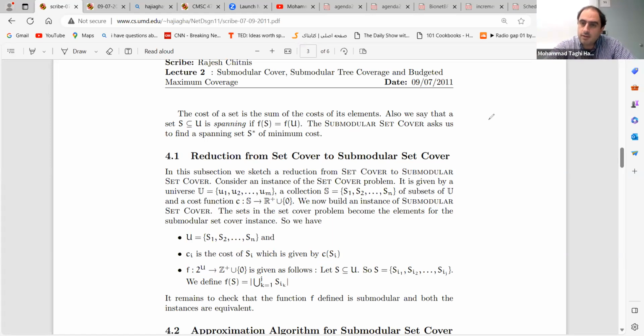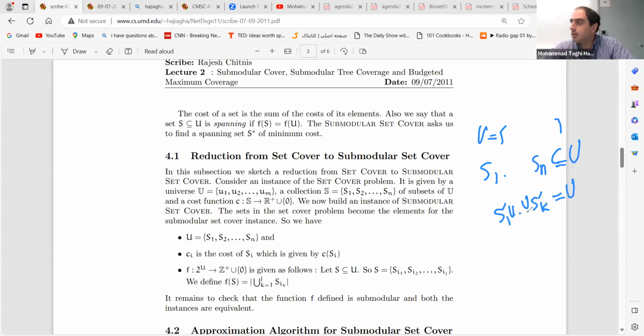Again, what was set cover? We have this U, and we have a set of subsets, S1 to Sn, which are subsets of U, and you wanted to select a subset of them, S'1 to S'k, such that their union is equal to U. You want the minimum number of sets, or if each set has a cost, the total minimum cost, such that their union is equal to U. So this is set cover.